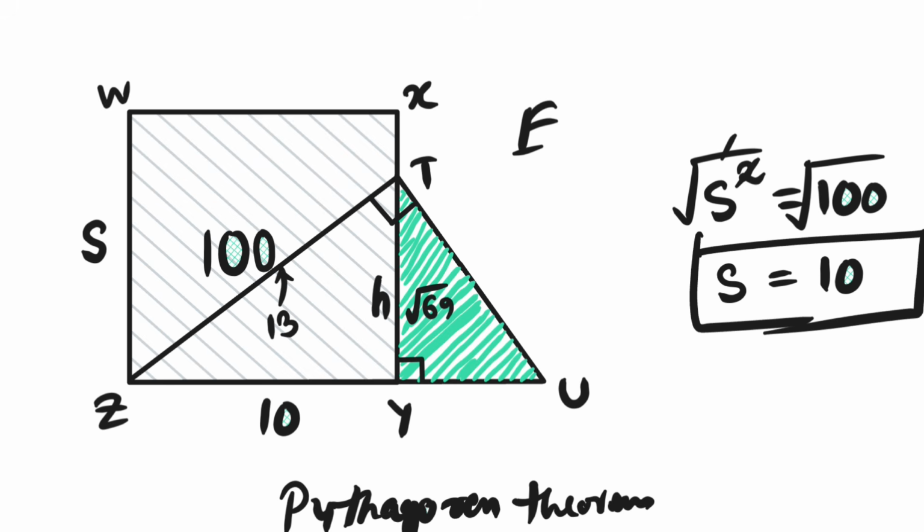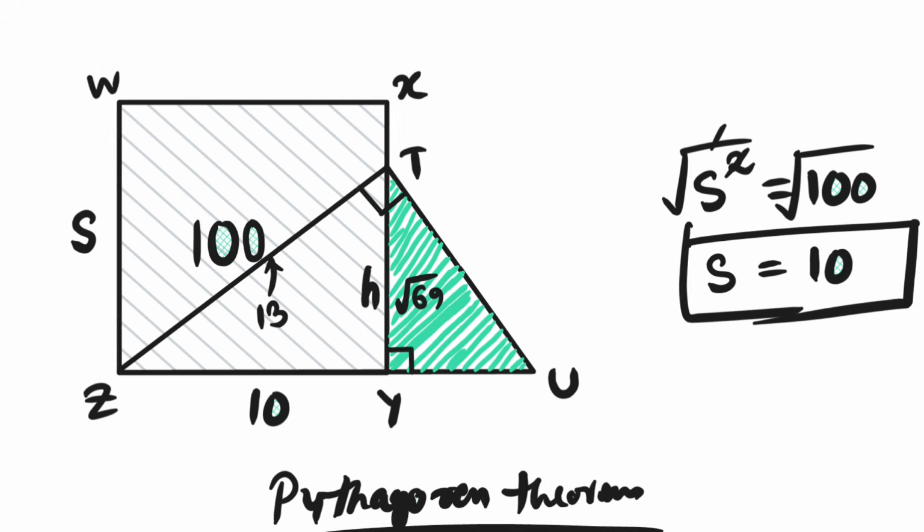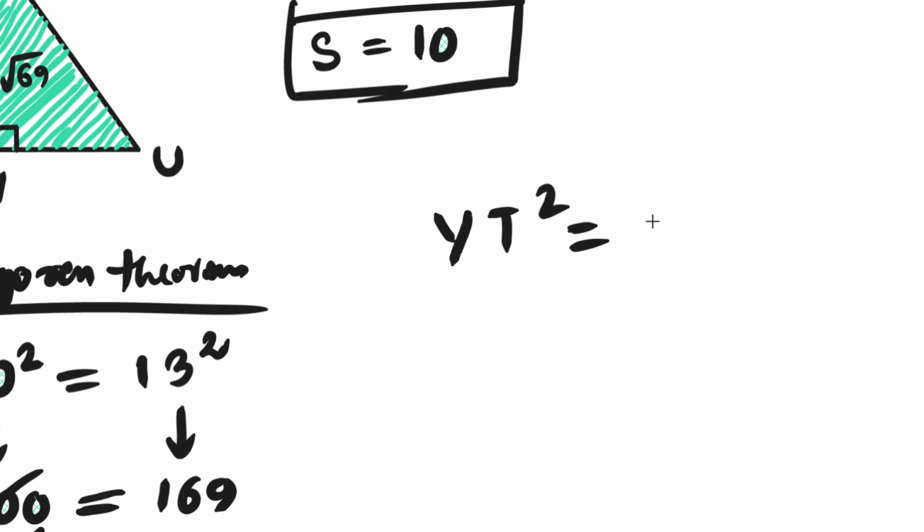The theorem says that when an altitude is drawn from the right angle of a right triangle to its hypotenuse, the square of that altitude equals the product of the two segments created on the hypotenuse. In our problem, the altitude is YT, one part of the hypotenuse is ZY, and the other part is YU.